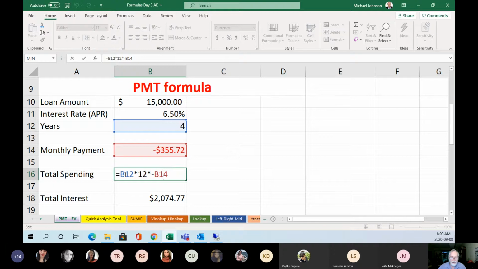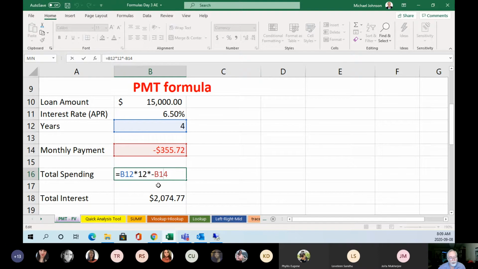So here I have the monthly amount, in other words, 4 years times 12, which is 48, times the month. So if I know it's 48 months and I know how much I'm paying per month, then I can just simply take that value and automatically generate what I need.